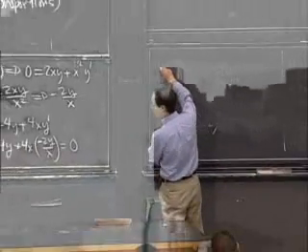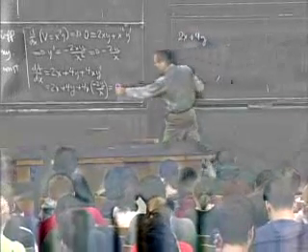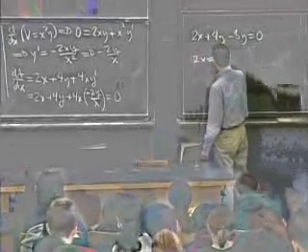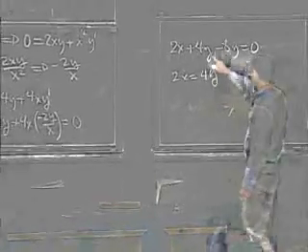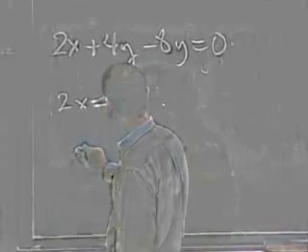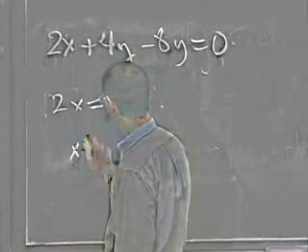We have 2x plus 4y, and then altogether this is 8y minus 8y... equals 0. So that's the same thing as 2x is equal to 4y. Right? The minus 4y goes to the other side. And so x over y is equal to 2.